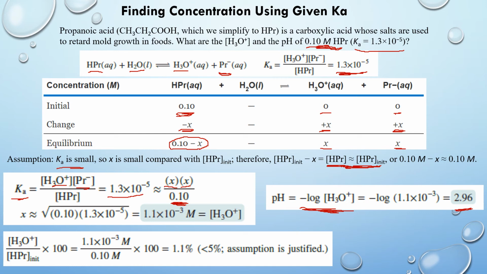If you compare this x value with the initial concentration, which is 0.1, the relative percentage is only 1.1%, which is less than 5%. So this assumption is justified. It's a pretty valid assumption, so I'm okay with this answer. In case this percentage is greater than 5%, we can no longer use 0.1. We must use 0.1 minus x on the denominator.